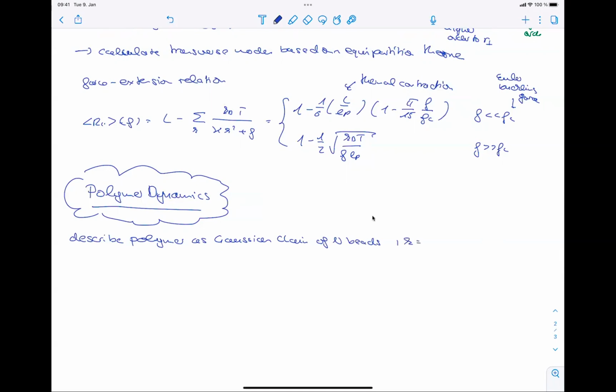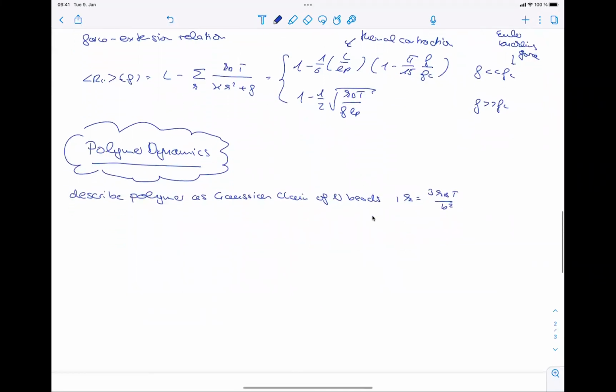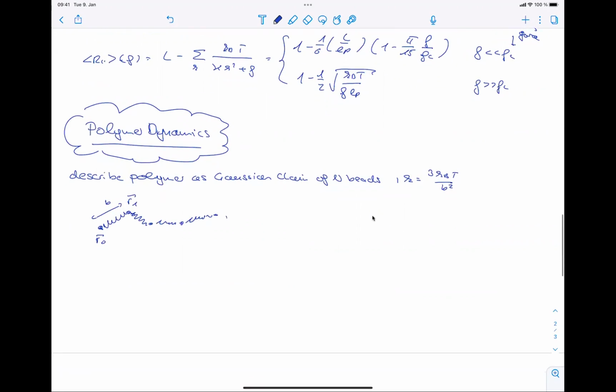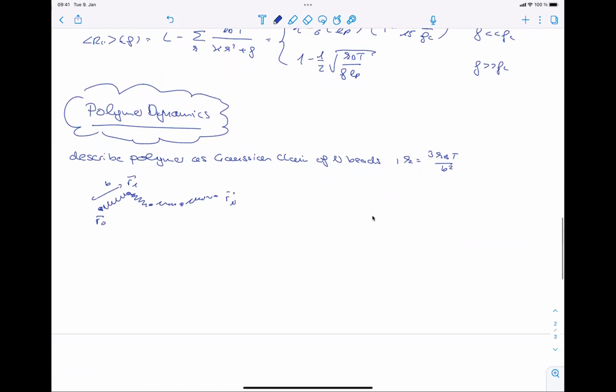Remember, they had a spring constant of 3 kBT over b squared. So we're back to the spring-bead model. This is R0, R1, and this has a typical length b and goes until Rn.